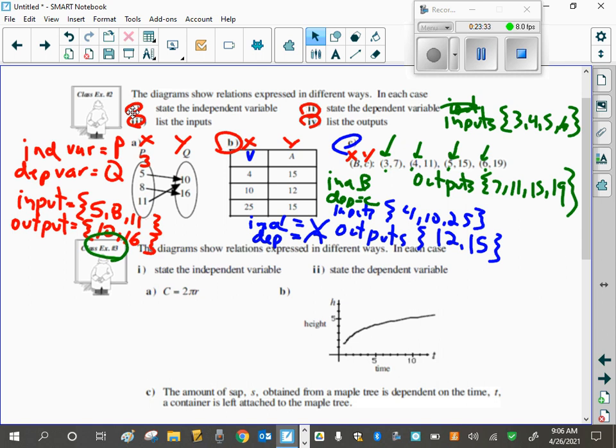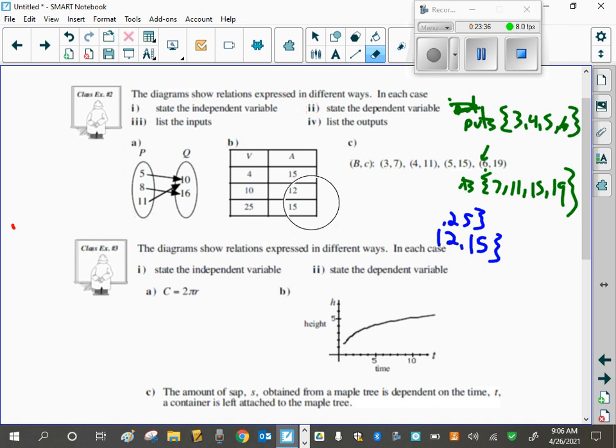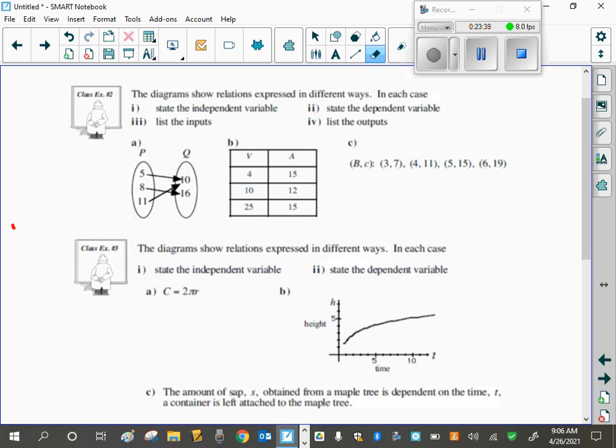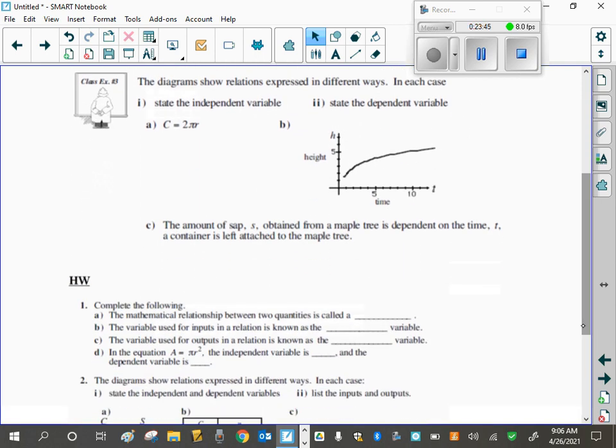Okay, these example 3s are more challenging, so star them up. Study star them. Take your best guess. Remember, variable means letter.